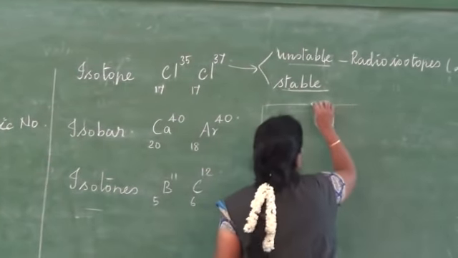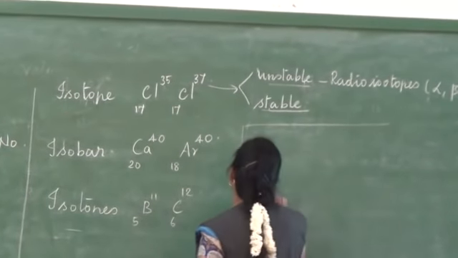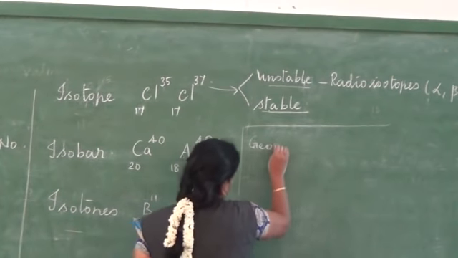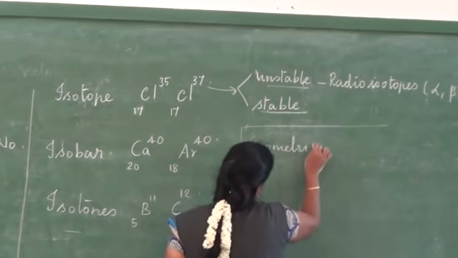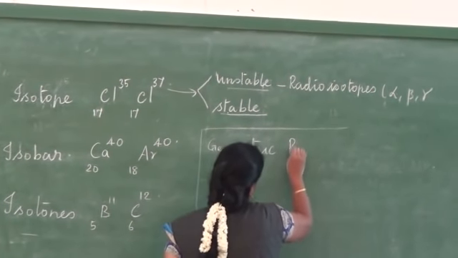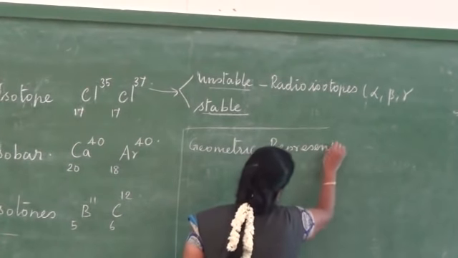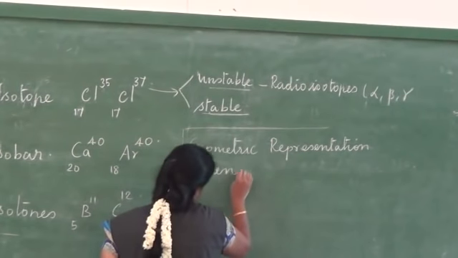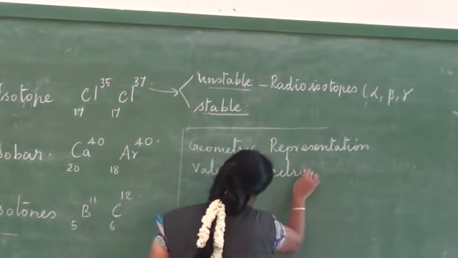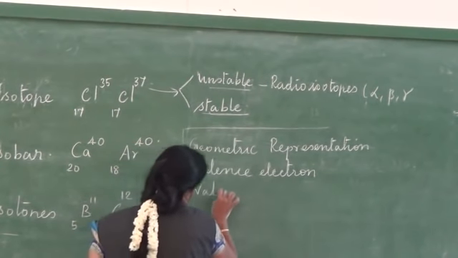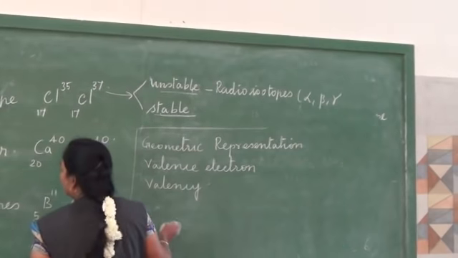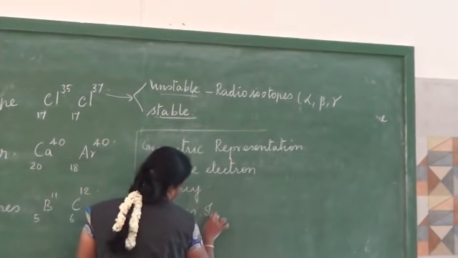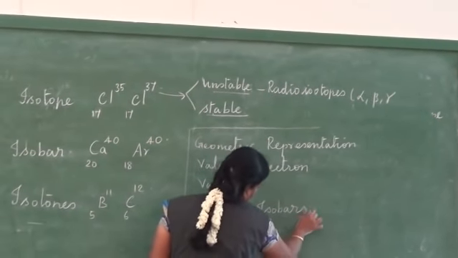Let us recollect the things which I taught in this class. What are the topics we have discussed in this class? First one, geometric representation of atomic structure, and then valence electron, and then valency, and then isotopes, isobars, isotones.